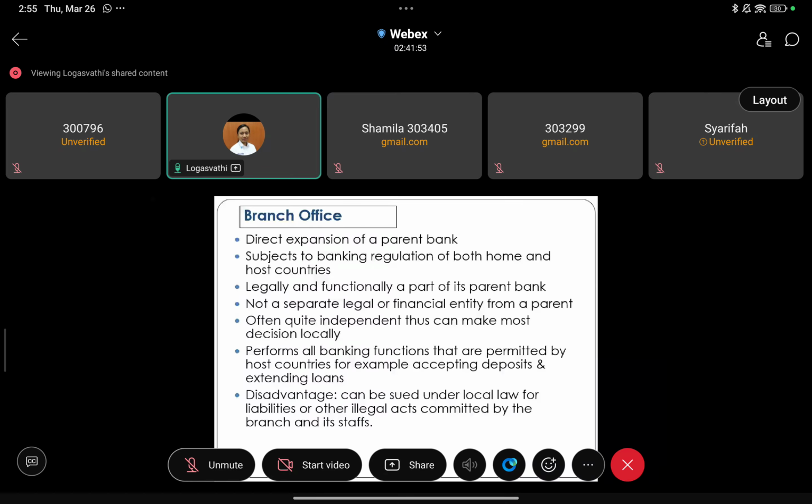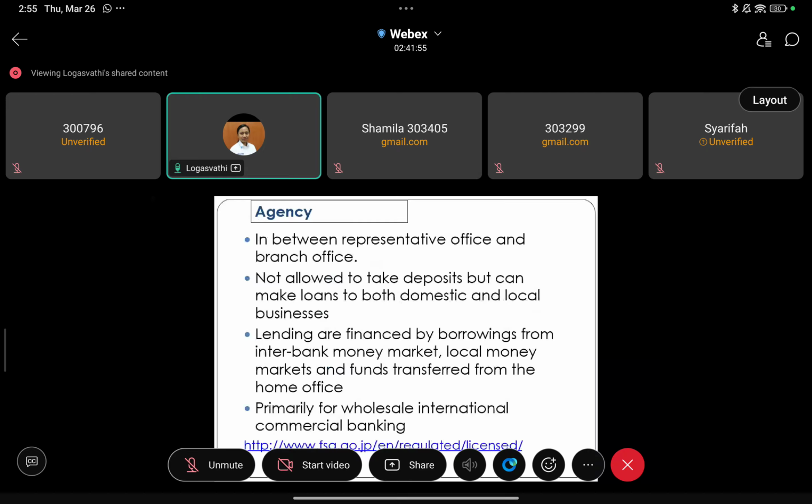The next one is an agency. An agency is between a representative office and a branch. An agency cannot accept deposits from locals, but can provide loans to locals. That's the difference between a branch and an agency. A representative office cannot accept deposits, cannot provide loans, cannot provide anything, just services like advisory.